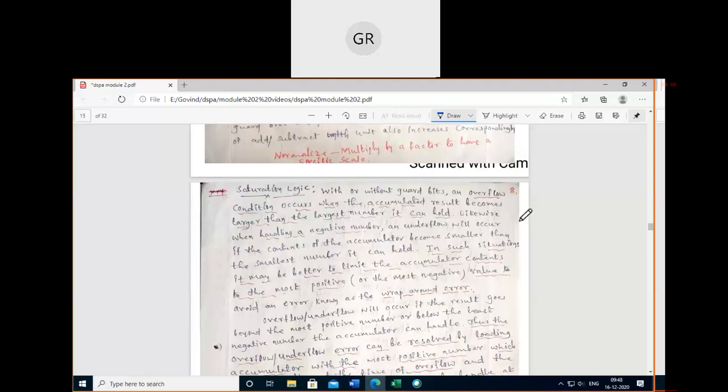Likewise, when handling a negative number, an underflow will occur if the contents of the accumulator become smaller than the smallest number it can hold. In such situations, it may be better to limit the accumulator contents to the most positive value to avoid an error known as wrap around error.